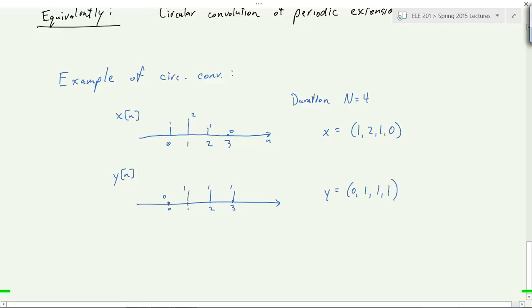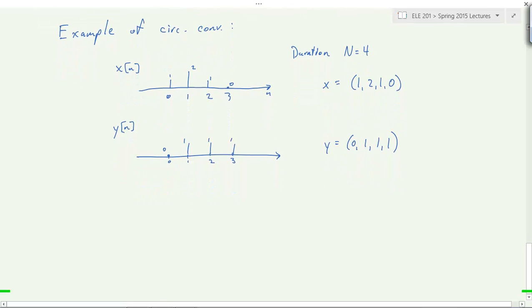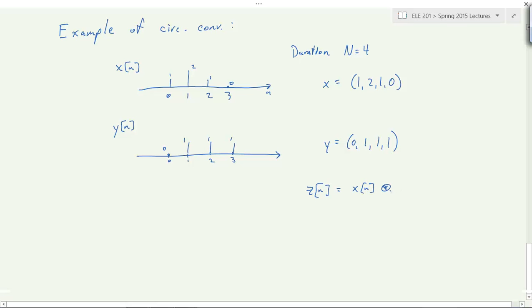So finite duration, discrete time signals. Now, we want to calculate z[n] equals the circular convolution of x[n] and y[n]. What we want to do is flip y.